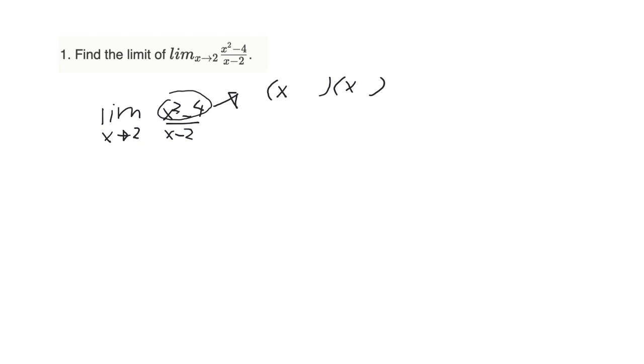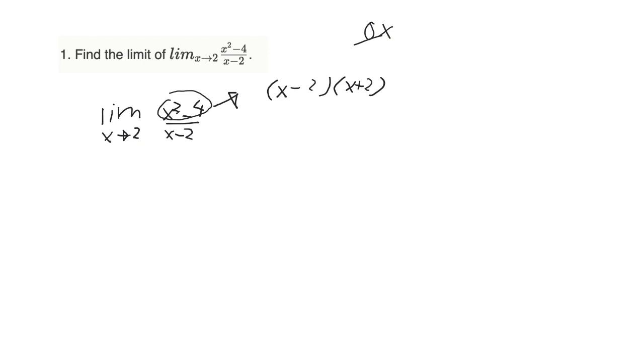Now we just need to find what two numbers add to 0, right? Because we have a 0 value on the x term here. And what numbers multiply to give us negative 4? Well, of course, in this case, those would be negative 2 and positive 2.